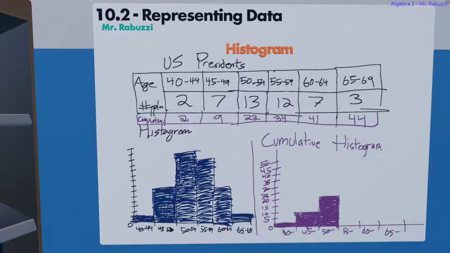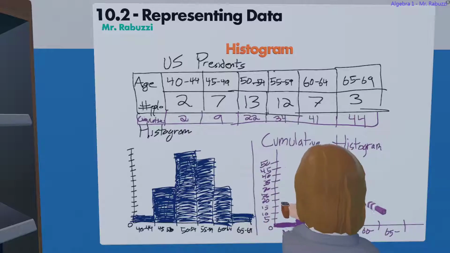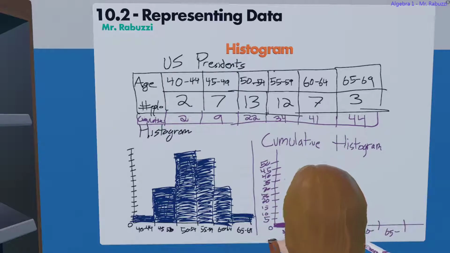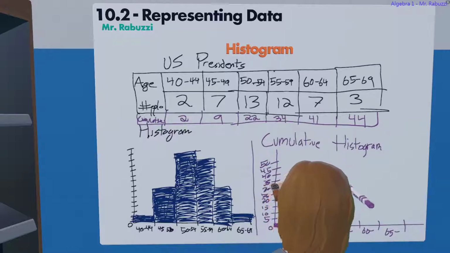Okay, next we have 34. So up here, right underneath 35.